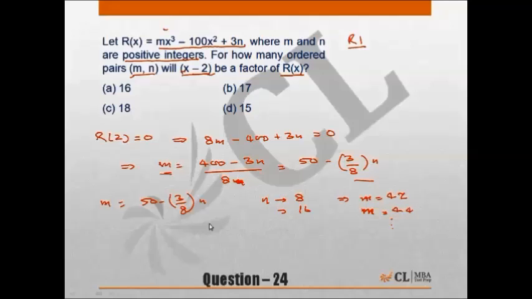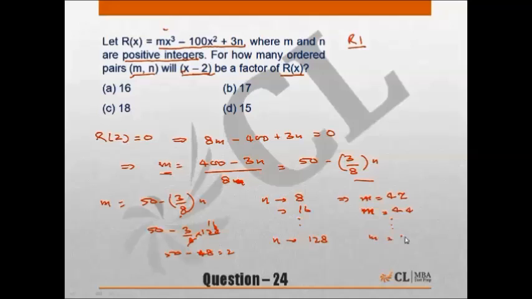So what is the largest possible value? You want 3 by 8 of n to be less than 50, so the maximum possible value of n would be 128. In which case m becomes 50 minus 3 by 8 into 128, which is 50 minus 48, which is equal to 2.